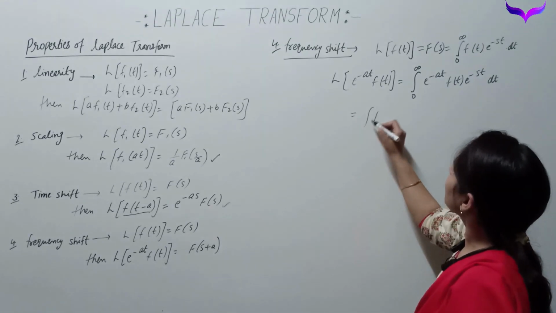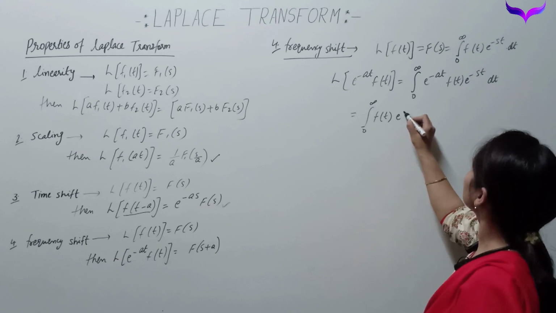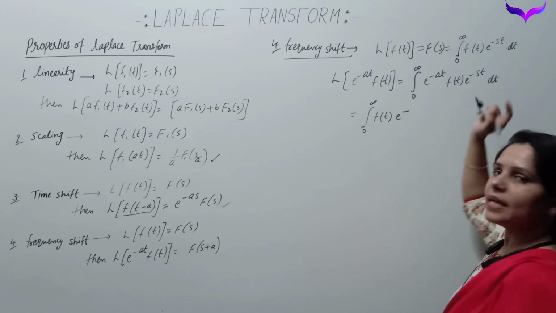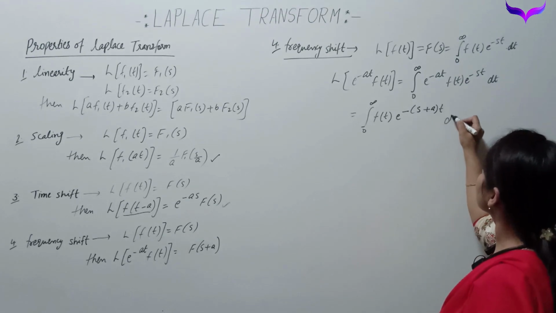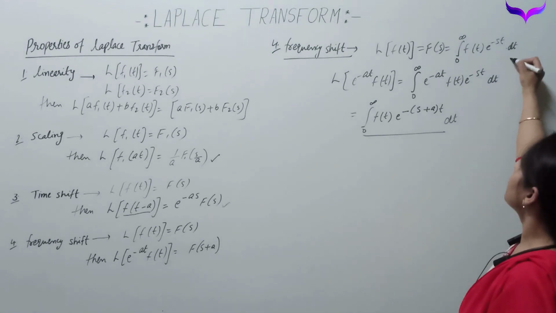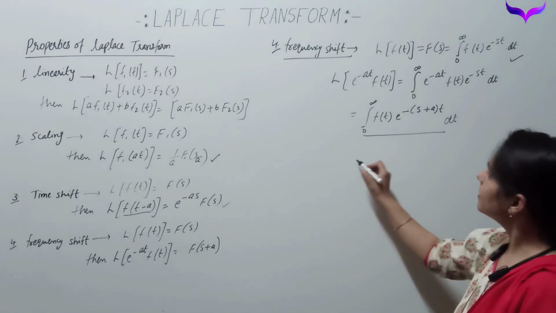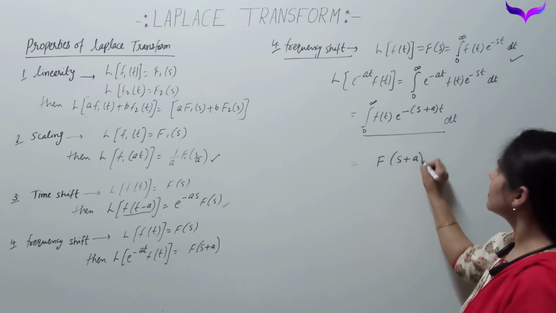Now integral 0 to infinity f(t) e raised to power, combining both, minus of (s plus a) into t dt. Now compare this expression with the basic definition. Then how can we write this expression? As F of s plus a.